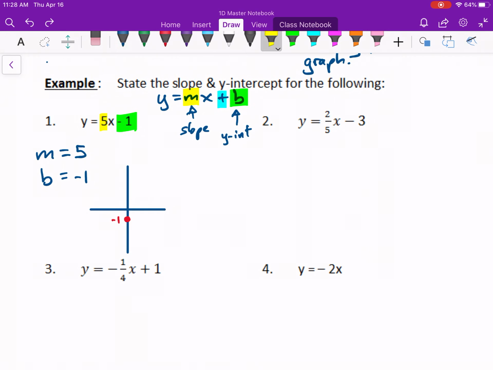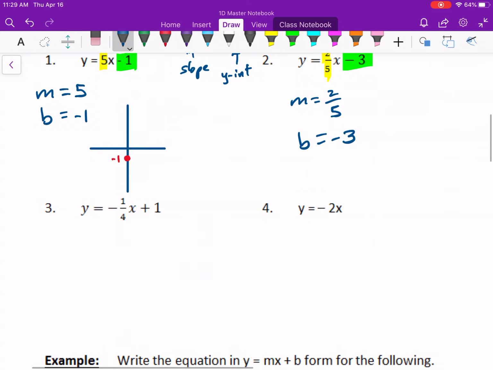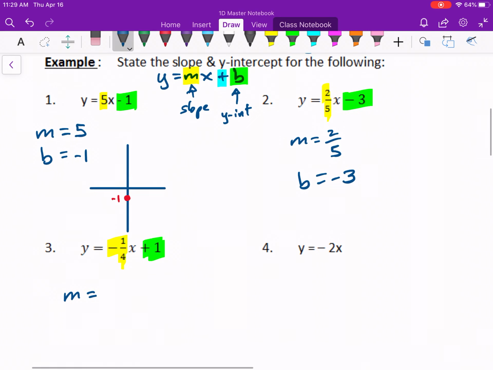In part 2, there's my slope, there's my y-intercept. M equals 2/5, b equals, again, negative 3. In number 3, there's my slope, there's my y-intercept. So my slope, this is the first example we've had a negative slope.